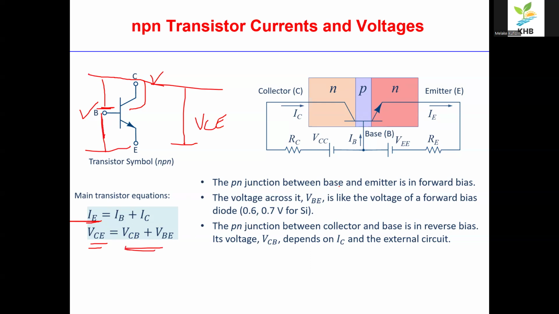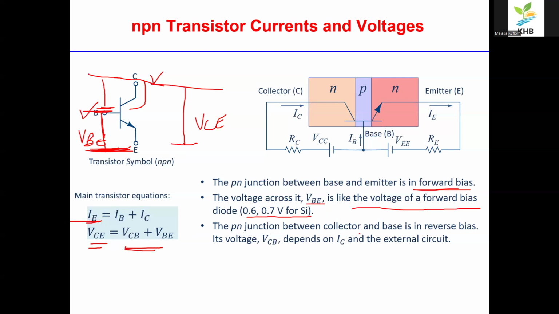So the PN junction between base and emitter is in forward bias. The voltage across it, we call it VBE, okay, is the forward bias voltage, which is around 0.6 to 0.7 volts for a silicon diode.